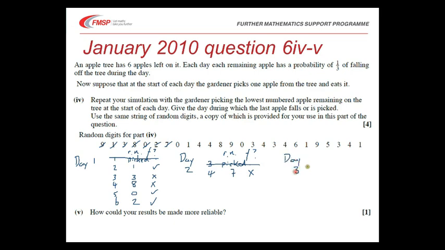Day 3, I'm just left with apple 4, and that's going to be picked at the start of the day. So what we're asked to do now is give the day during which the last apple falls or is picked, and we can say the last apple is picked on day 4.